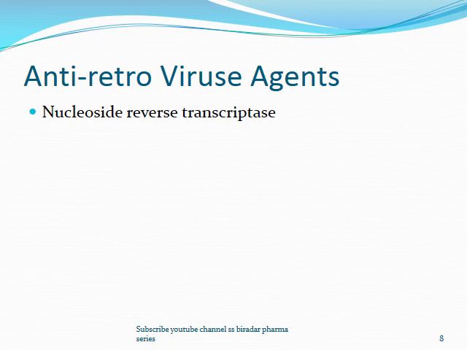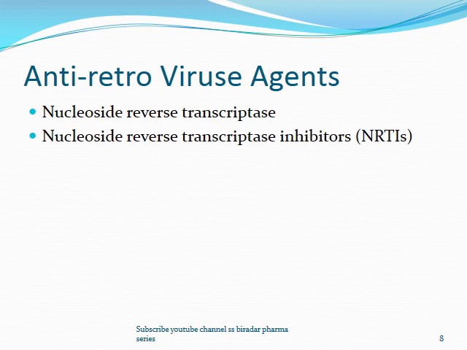Now we will come to the anti-retrovirus agents. As we understood, specific enzymes are required. So if the enzyme is blocked, it can break the chain of cell division and even control the viruses. For nucleoside reverse transcriptase we have nucleoside reverse transcriptase inhibitors.